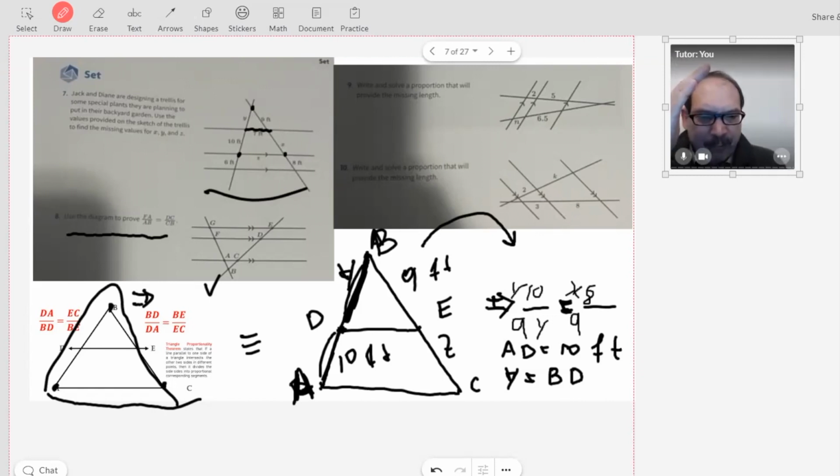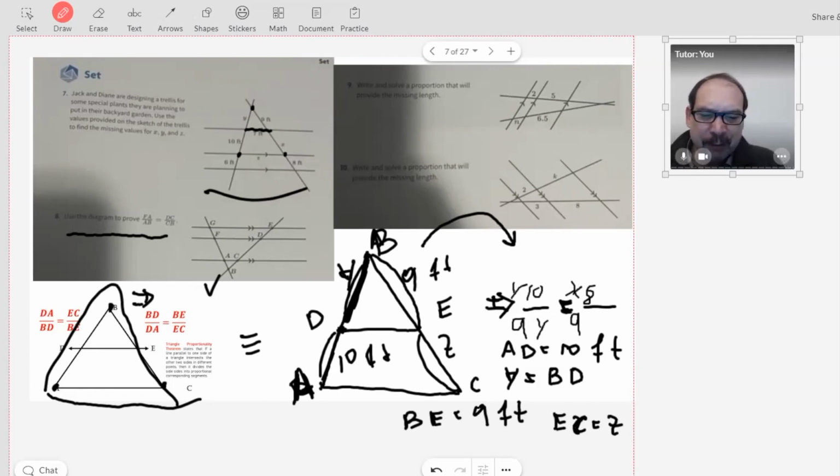And I'm not sure. Can I do this? We can make it fit in here. So BE, the distance from B to E, equals 9 feet. And this distance, EZ, or EC, sorry, equals Z feet.